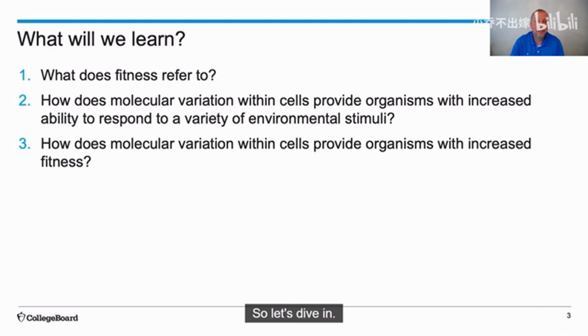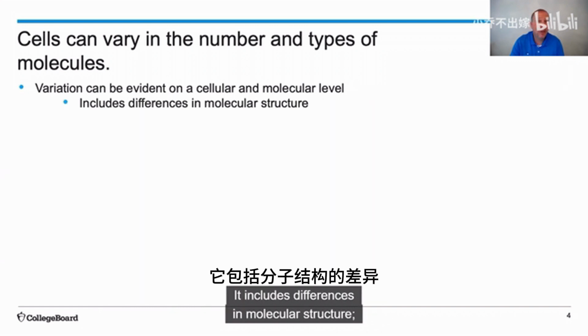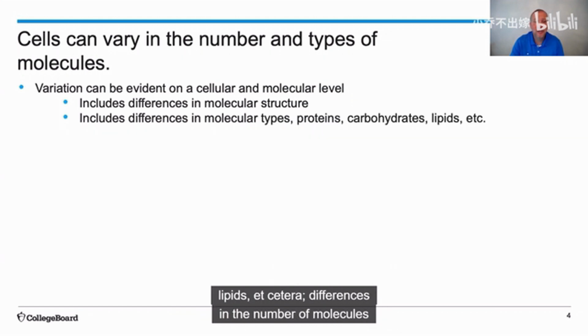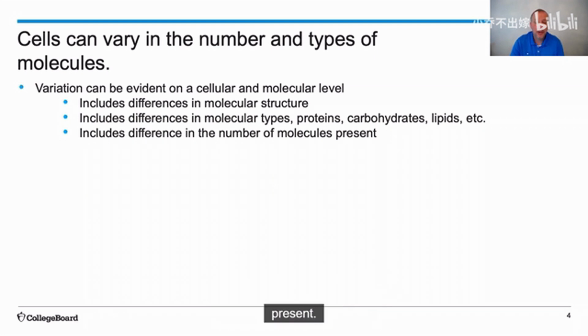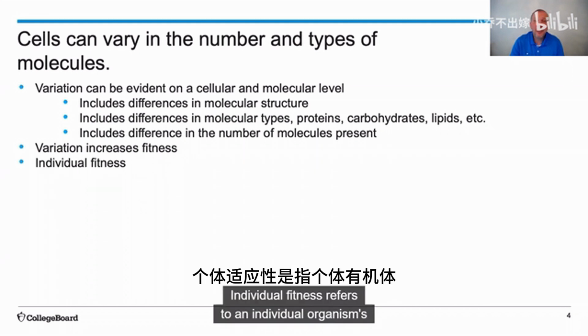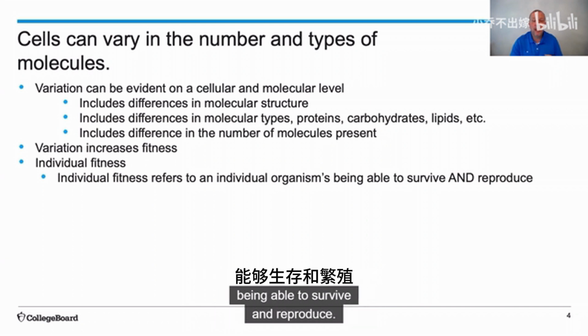So let's dive in. Variation can be evident on a cellular and molecular level. It includes differences in molecular structure, differences in molecular types, proteins, carbohydrates, lipids, etc., differences in the number of molecules present. Variation increases fitness. Individual fitness refers to an individual organism's being able to survive and reproduce.